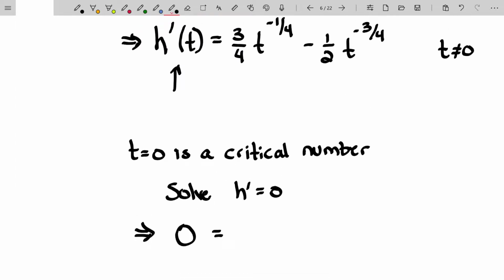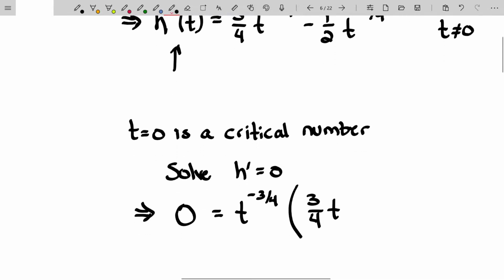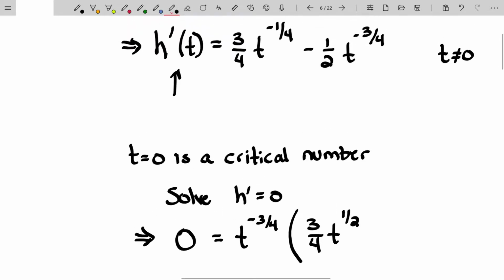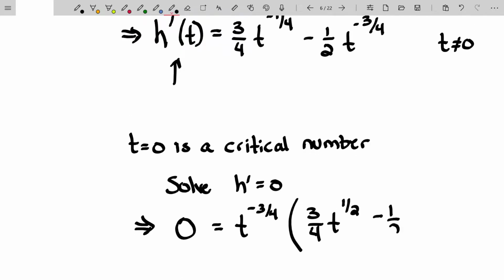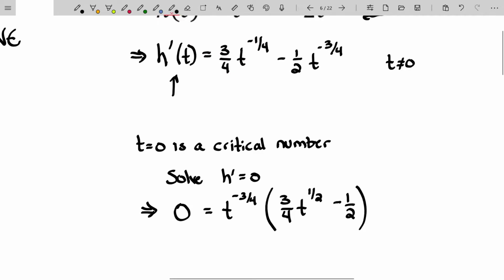0 is equal to, I'll factor out a t to the negative 3/4, and I'll be left with 3/4 t to the, let's see, negative 1/4 plus 3/4 is 1/2, minus 1/2. Now, I did it that way because I want to reinforce your algebra factoring skills.